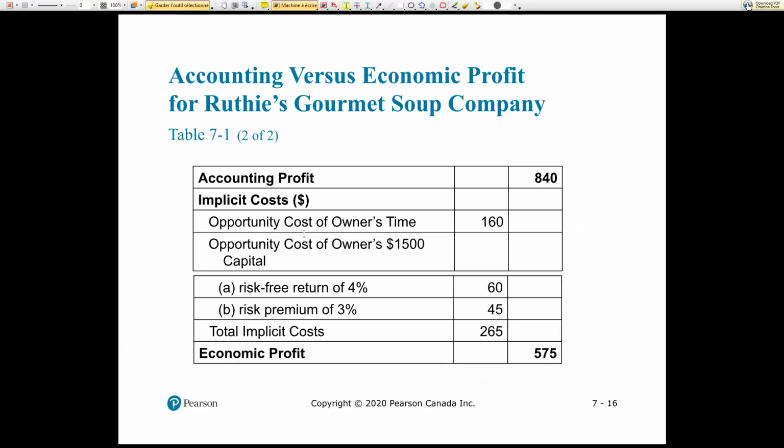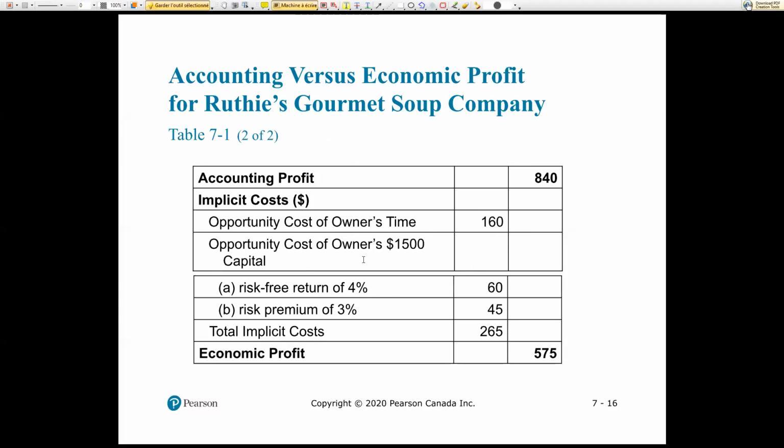Implicit costs. Well, the owner, since it's a small gourmet soup company, the person probably works on weekends or at home at night, then you could evaluate the time you spend on your firm. So it would be opportunity cost of time, 160. Owner's own capital.